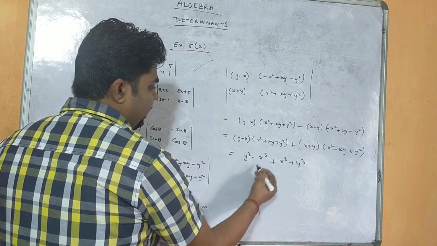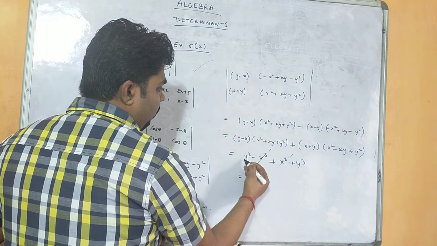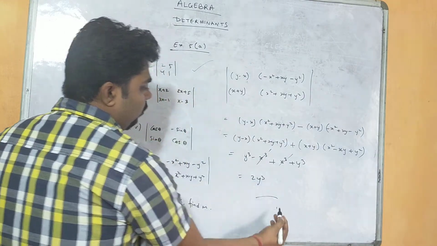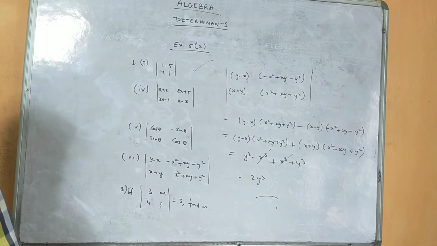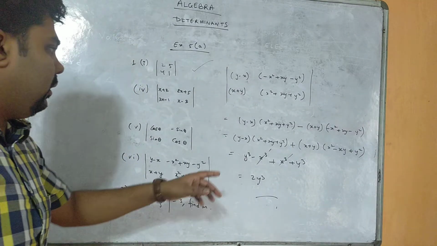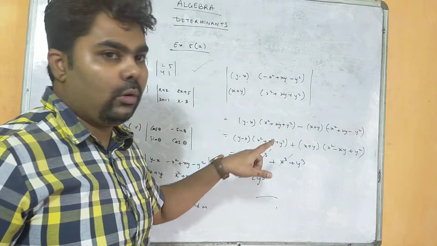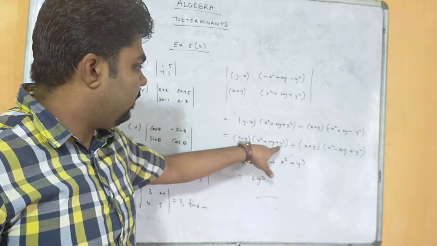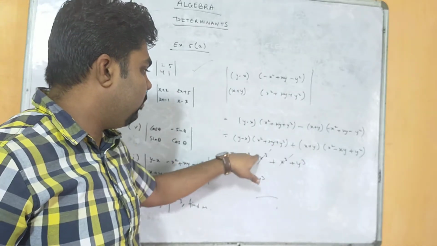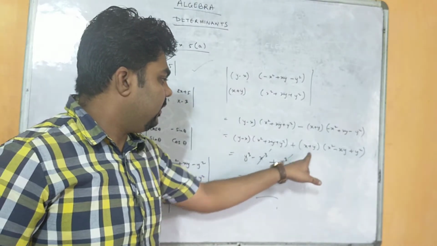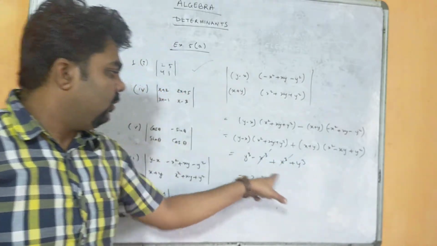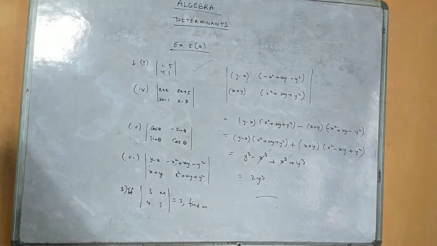Now this and this will get cancelled. We will get y cube plus y cube, that is 2y cube. So after substituting the formula and cancellation, we will get the answer.